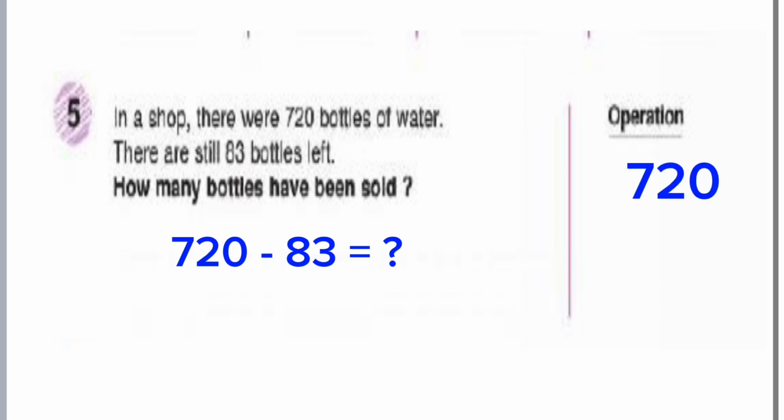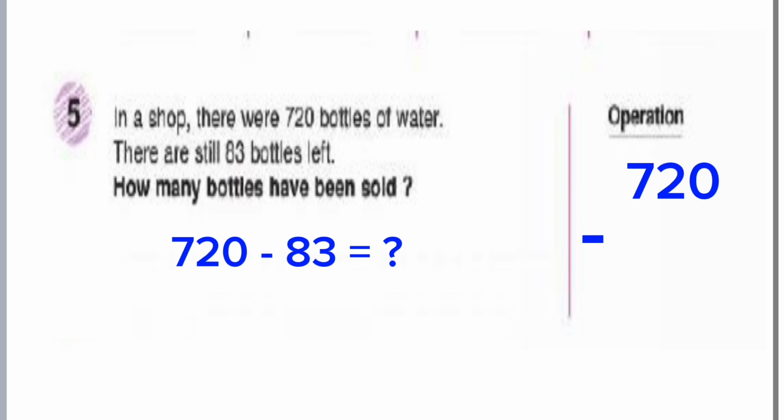So 720 minus 83, we do an operation and get the answer. Let's do it together. We will do the operation on the right side under the word operation. So I put 720. Now minus. I put minus as you see.